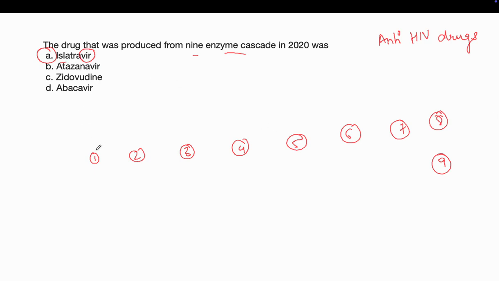That is why this is known as a cascade of enzyme reactions. All 9 different types of enzymes are used to catalyze these reactions.